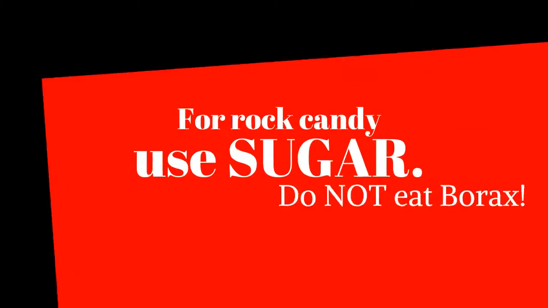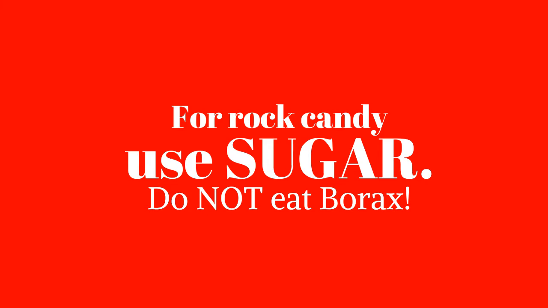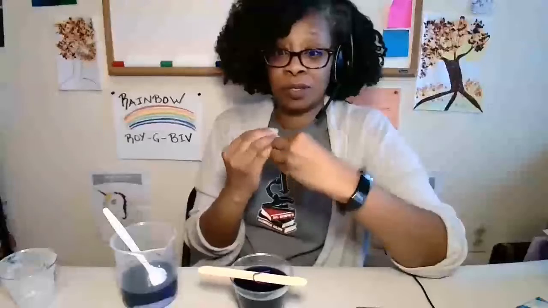This is the science behind rock candy. If you want to make rock candy, you need to be in a food safe area. Boil up some water, and you do need to be over the stove mixing in the sugar. That's your powder that's going to form the crystals.